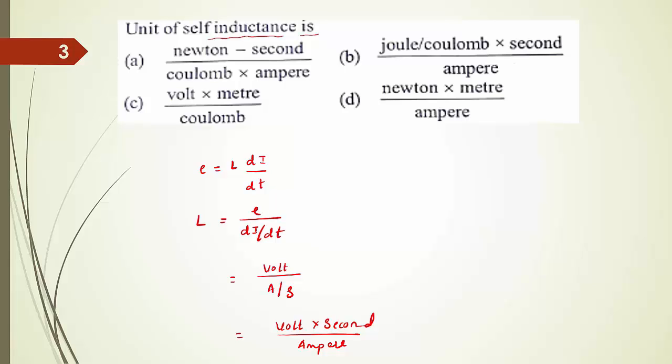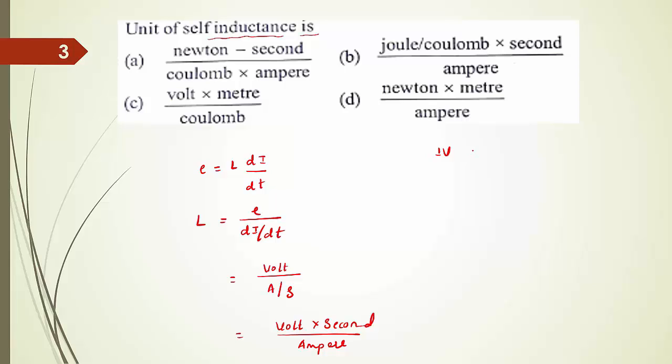Then instead of volt, because volt is the unit of potential difference, we know that 1 volt is defined as the potential difference between two points in a current carrying conductor when 1 joule of work is done to move a charge of 1 coulomb from one point to another.